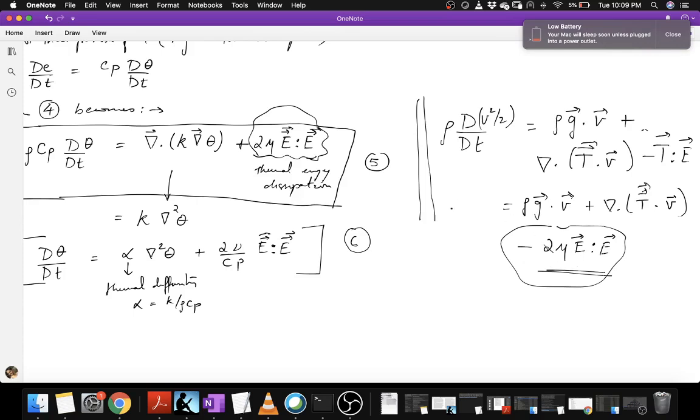So what this equation tells me, let me write down the kinetic energy equation here. Yes, so this is the kinetic energy equation, let's say 7.